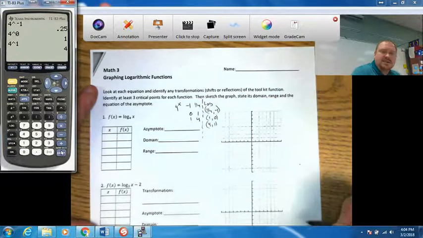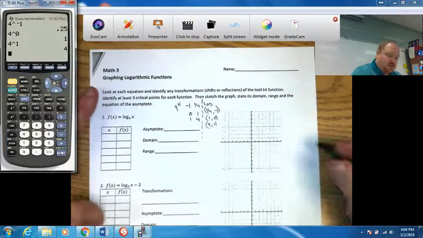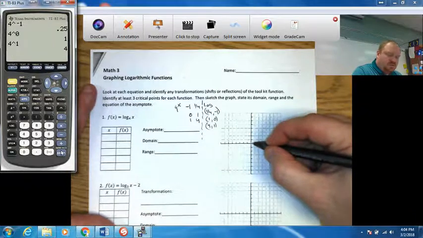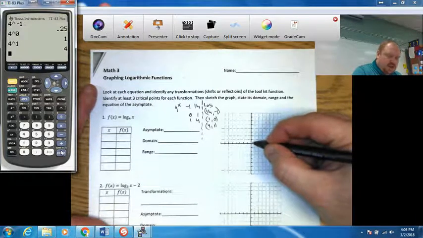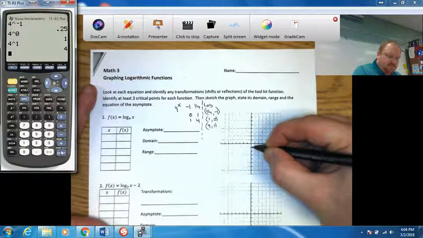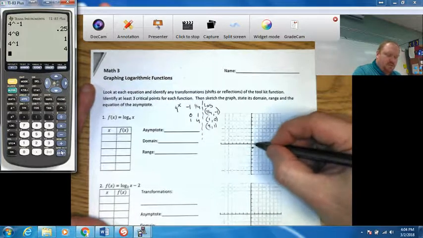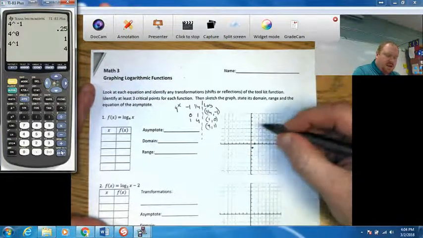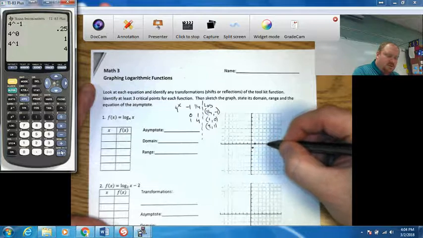So that is actually what I'm going to graph. So 1/4, so it's over just a little bit, and down 1. (1, 0), and then (4, 1): 1, 2, 3, 4, up 1.